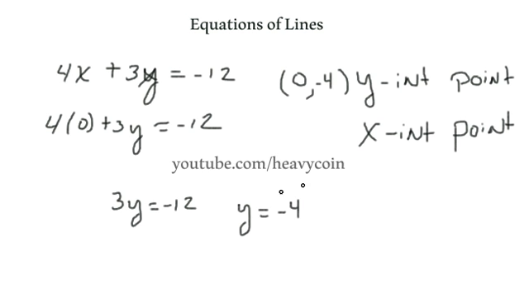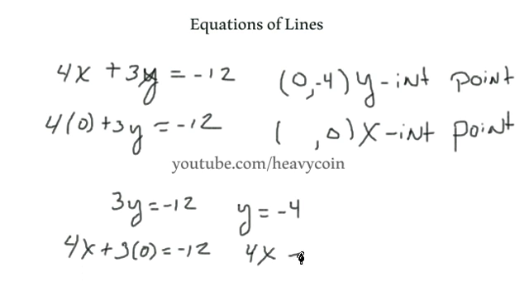And then let's find the x-intercept. So that's when y is 0 this time. So we're going to come up here, plug 0 in for y. So we have 4x plus 3 times 0 is equal to negative 12. So we end up with 4x is equal to negative 12.